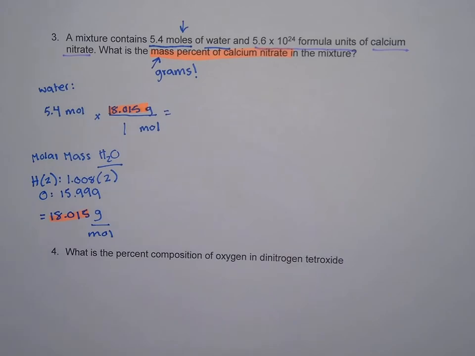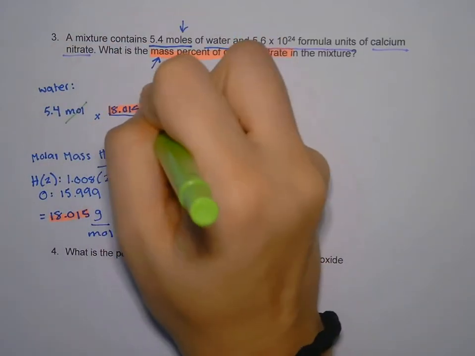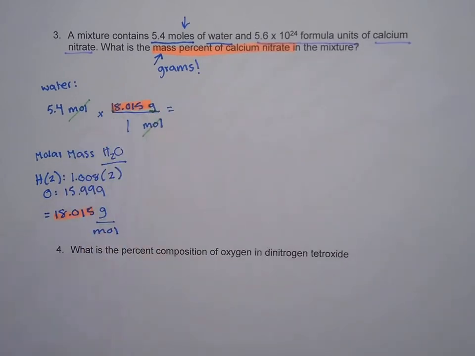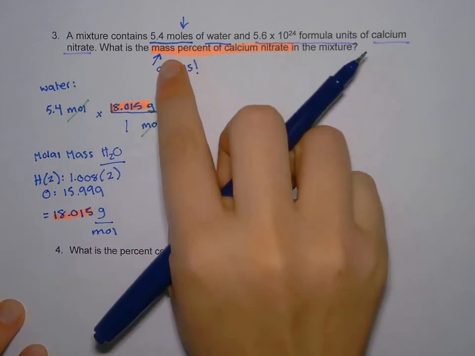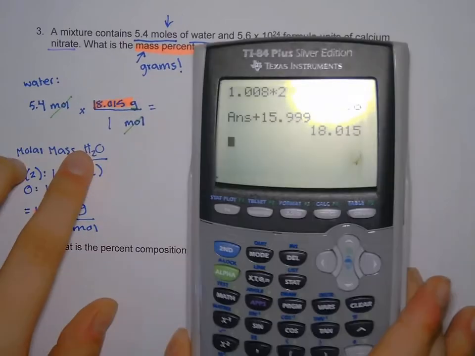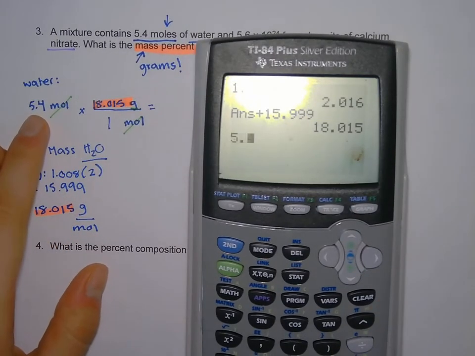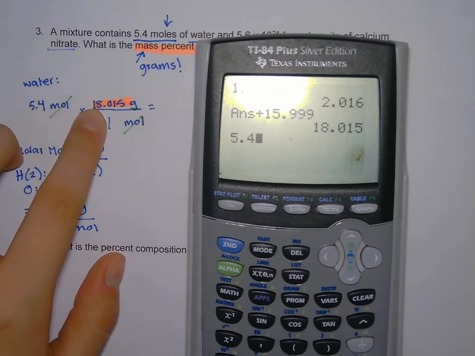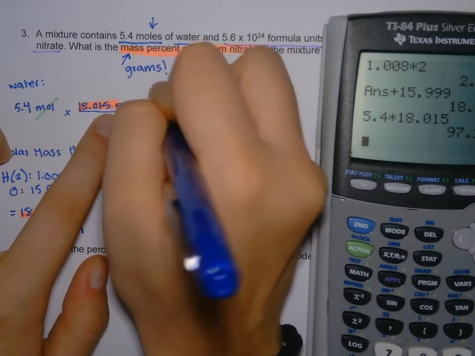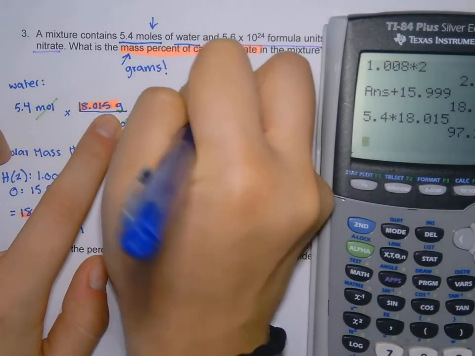Now I can see that my moles cancel out and I am only left with grams, which is what I wanted because I'm trying to find the mass percent, so I have to be in grams. And now all that I have to do is solve the math. Because 5.4 and 18.015 are next to each other, I multiply them, and that gives me 97.281 grams.